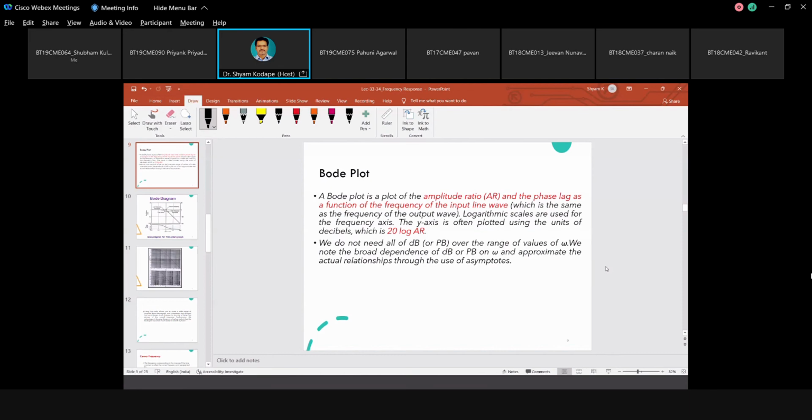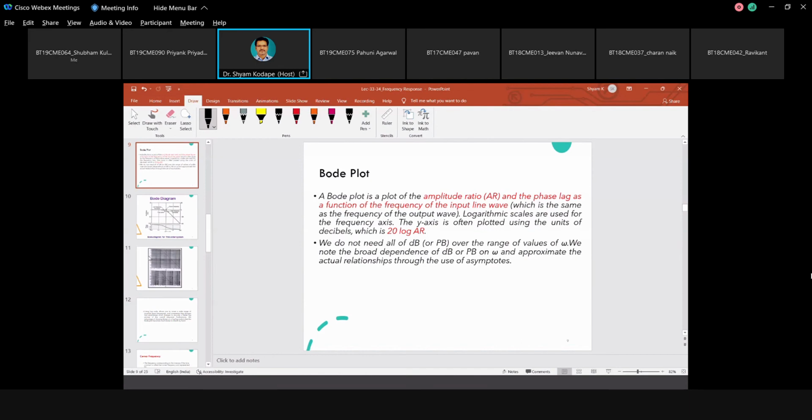There is no need to calculate at every point, as it varies from 0, then 0.1, 0.2, up to 100 and so on. You just plot its nature, meaning the asymptotes, how it behaves at low frequency and at high frequencies.